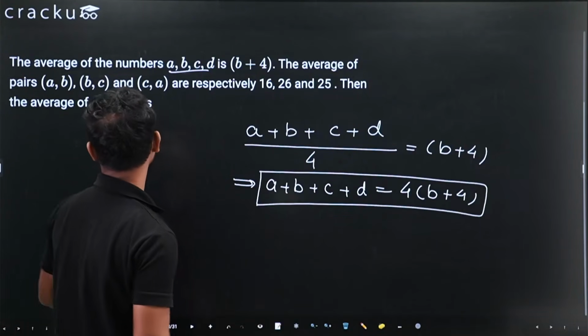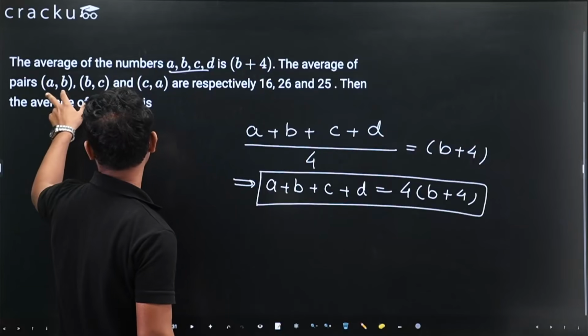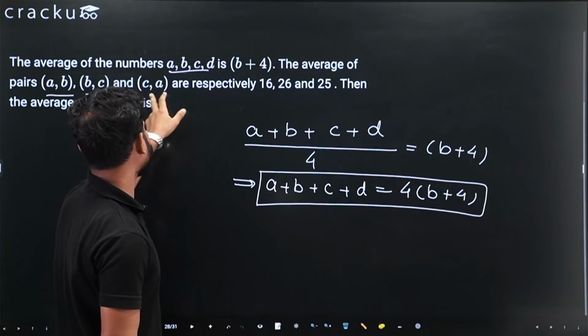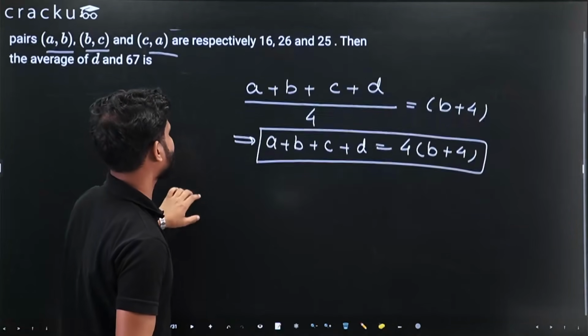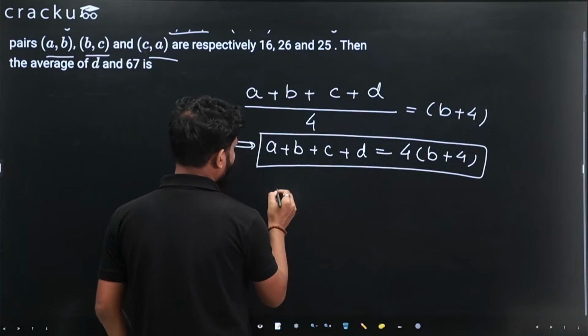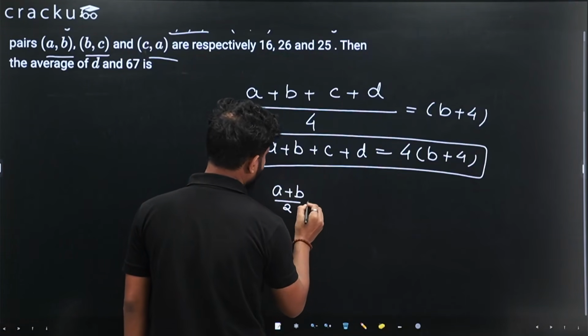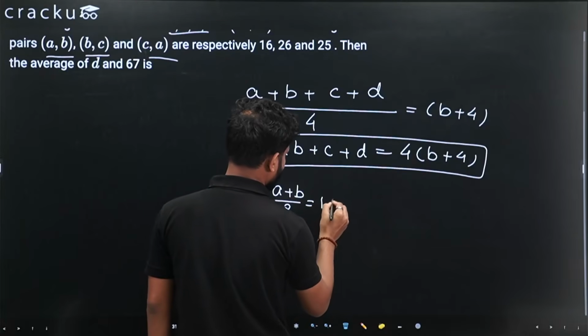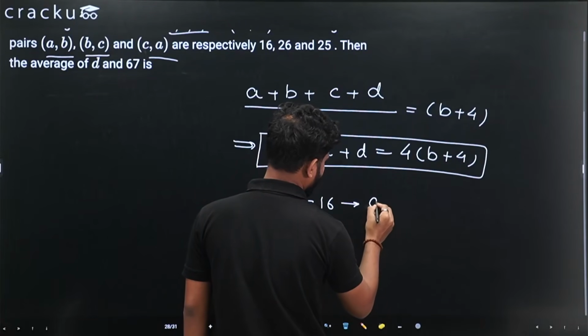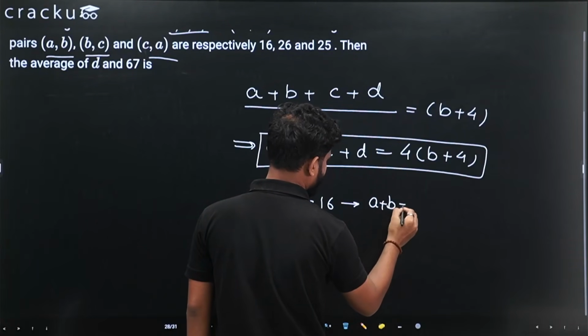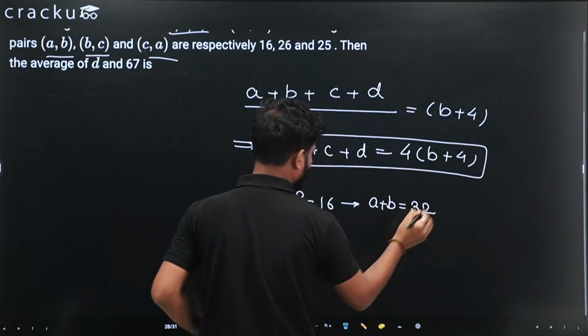Now what more is given? The averages of the pairs A, B; B, C; and C, A are 16, 26, 25. So A plus B divided by 2 is given as 16. From here I can say A plus B is 16 into 2, 32.